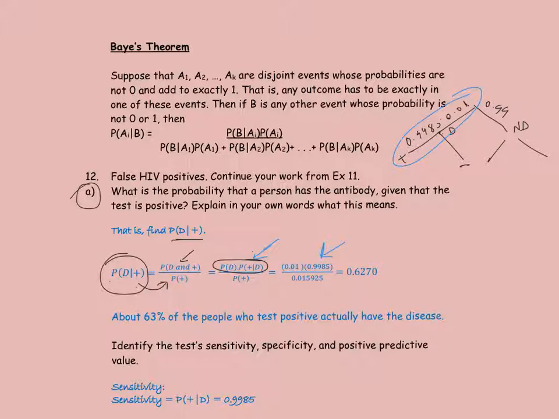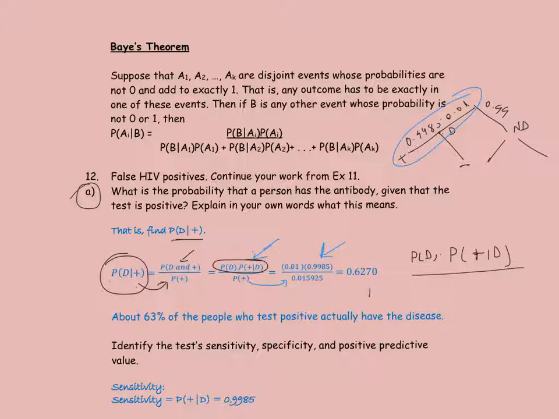And the denominator is the probability of positive that we calculated from the previous part. So this would be the probability of disease times the probability of positive given disease, divided by the probability of positive.